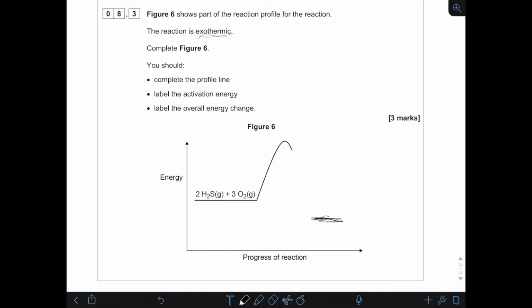We need to complete the curve, and then we need to have the activation energy, which is from the top of the transition state to the starting energy. So this is EA, and the overall energy change, which is delta H, is this. So that's the completed answer.